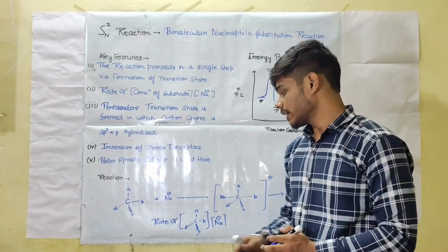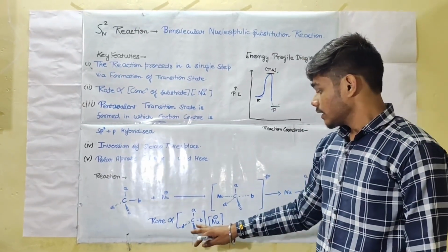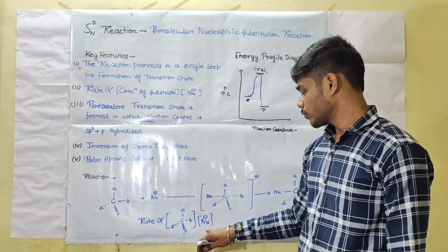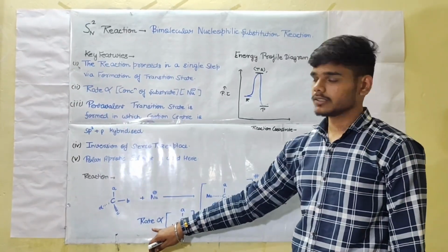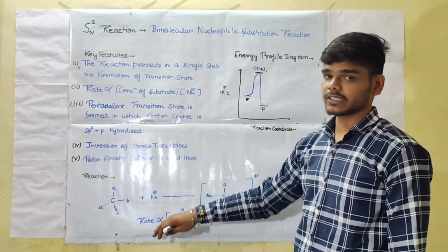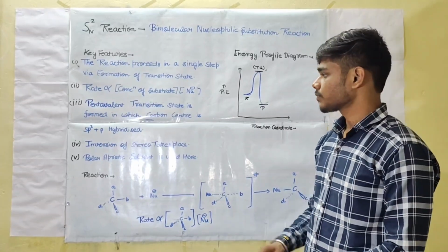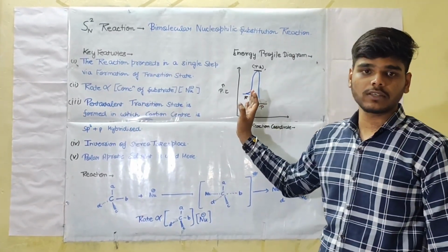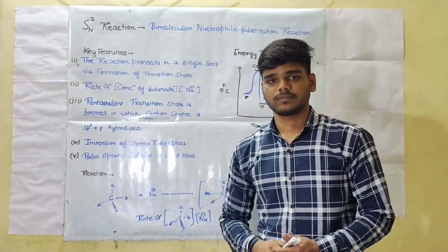From the rate we see that the concentration of substrate and nucleophile affects the rate. So overall the rate of reaction is of second order. That is all about the SN2 reaction.